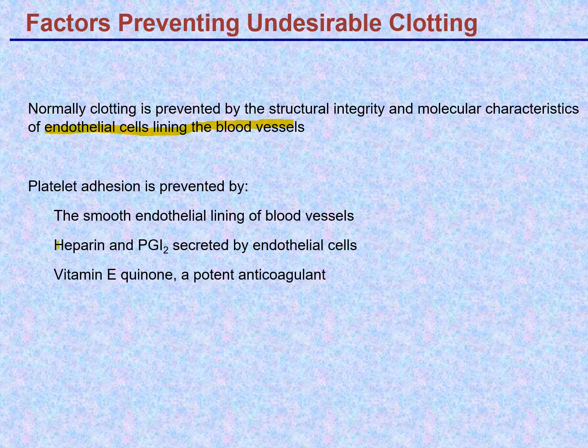They secrete heparin and prostaglandin I2, which have anticoagulant activity, and they also secrete vitamin E. So basically, the surface of your blood vessels, when they're intact, is quite inhibitory towards any coagulation.